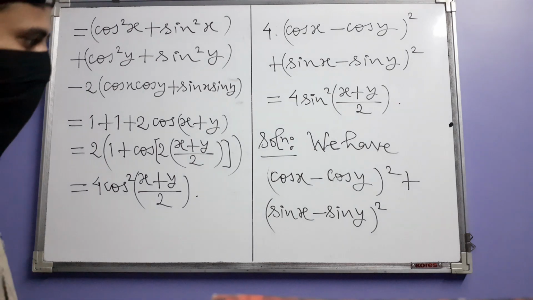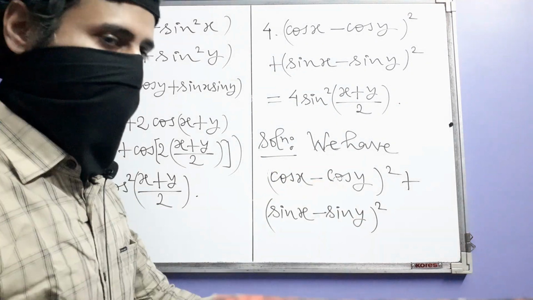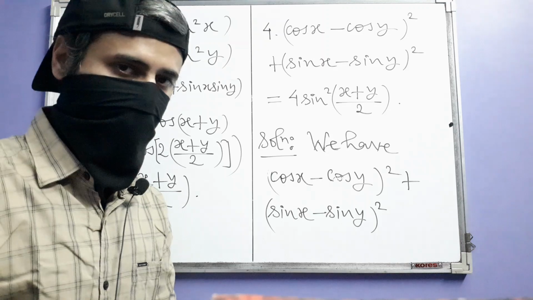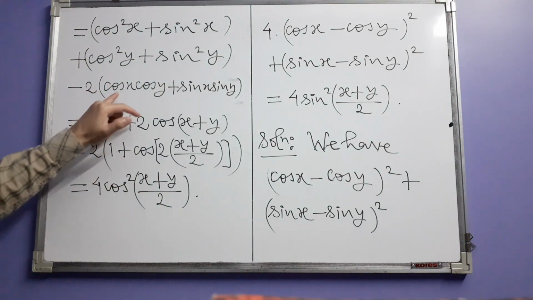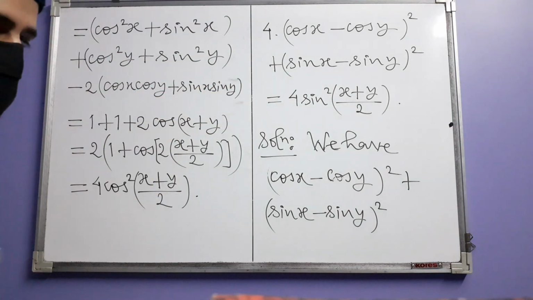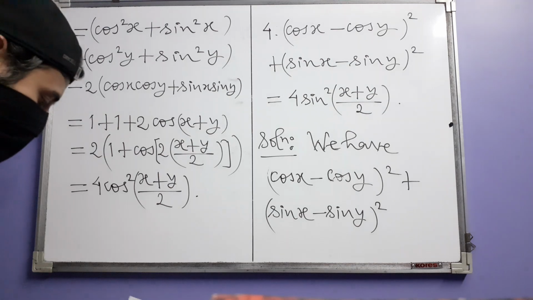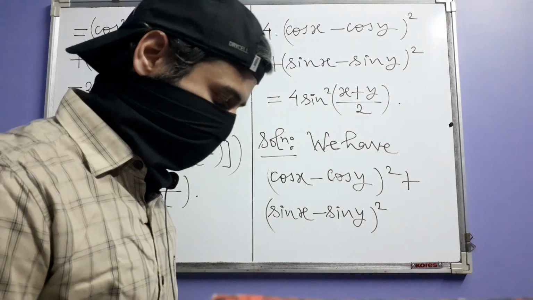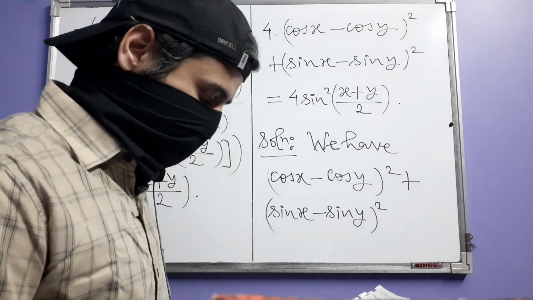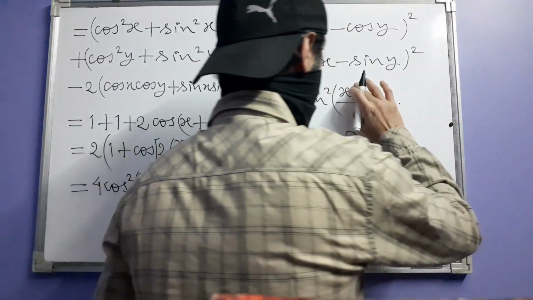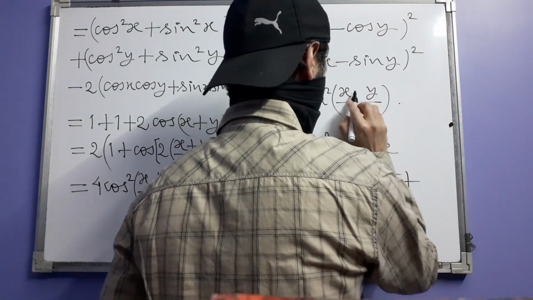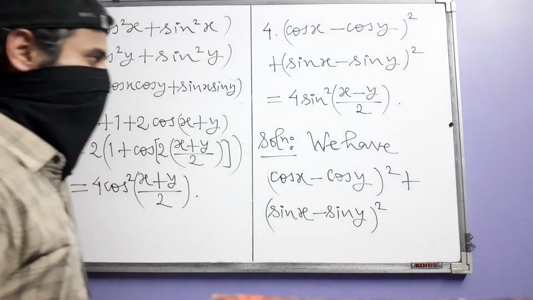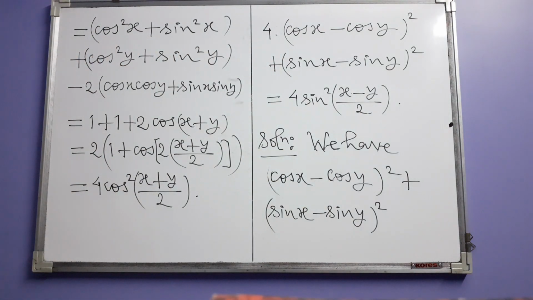Do you understand? Minus 2 cos x cos y minus 2 sin x sin y. So minus 2 times cos x cos y plus sin x sin y. However, I think there is, yes, this is minus. It's not just simply sine, this is minus, yes.